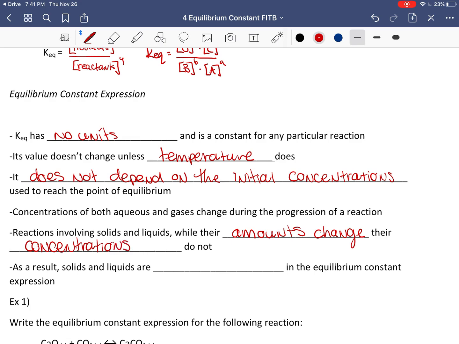That's similar to what we talked about in Le Chatelier's principle with our concentrations, how it was only gases and aqueous things that affected it. That's because solids and liquids, their concentrations are always at 100%. You can have larger or smaller amounts, but no matter what, that concentration will always be 100%. So as a result, solids and liquids are not included in the equilibrium constant expression.